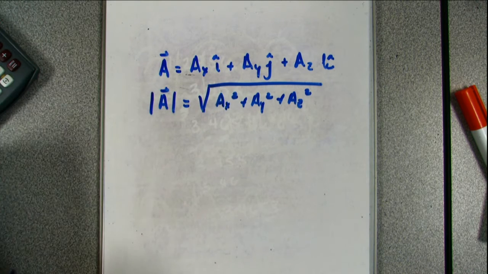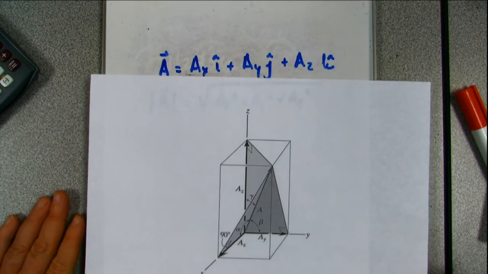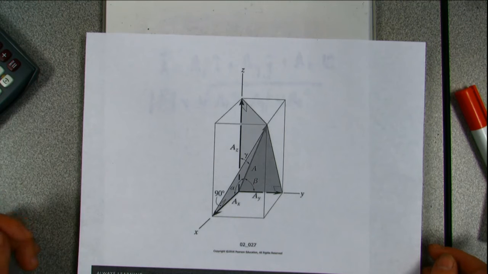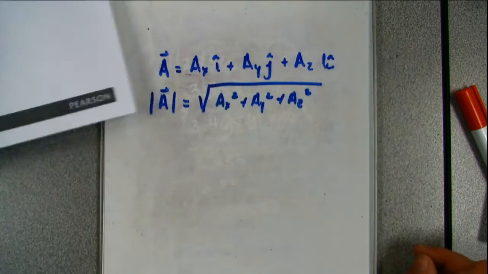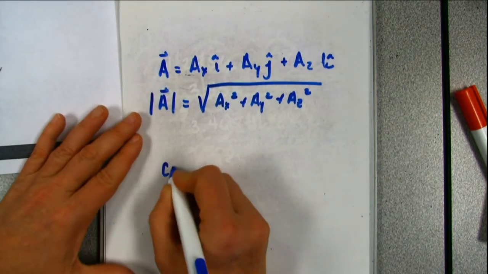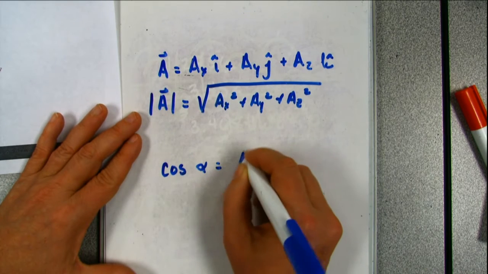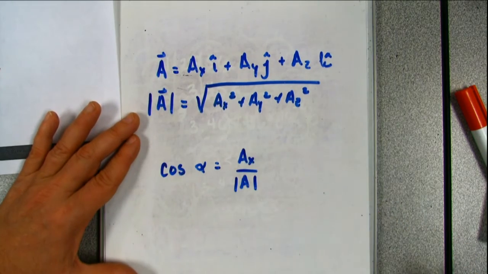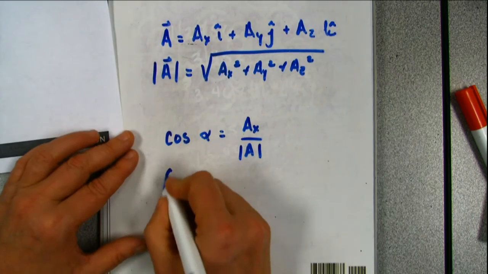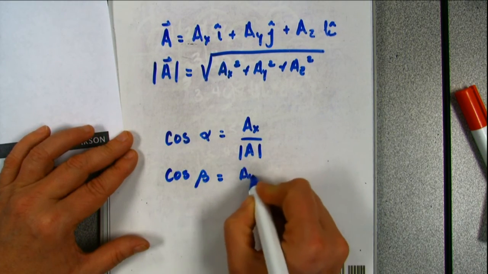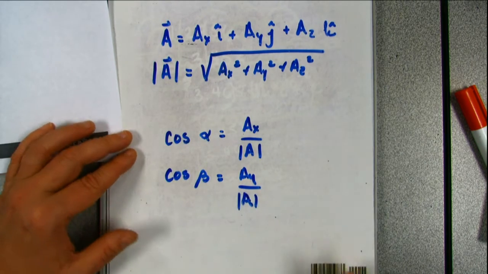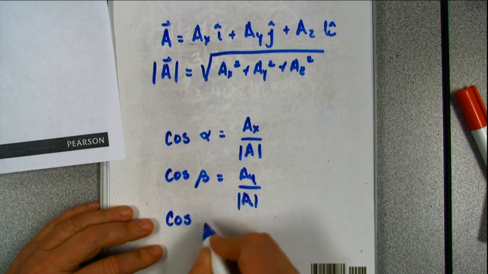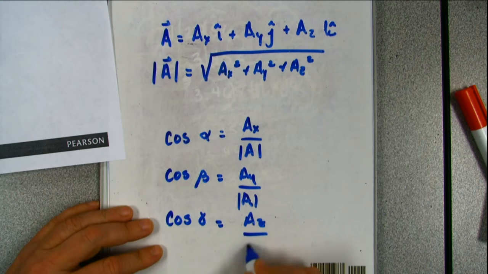So if I'm using that situation where I have an alpha, beta, and gamma, then the cosine of alpha is going to be AX over A. And these are magnitudes, so that's really the magnitude of A. Cosine of beta is going to be AY over the magnitude of A, and the cosine of gamma is going to be AZ over the magnitude of A.